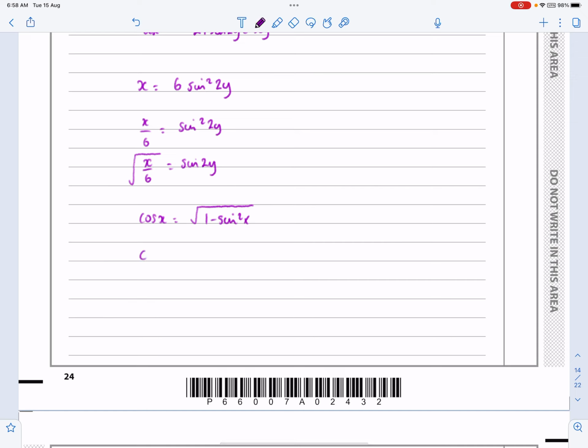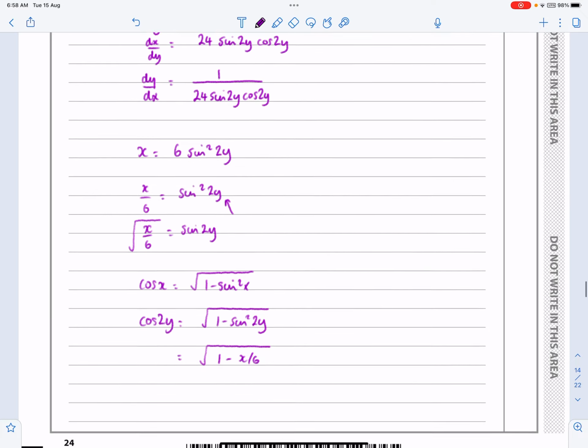Cos 2y then is the square root of 1 minus sine squared 2y. So that's the square root of 1 minus sine squared 2y up there, isn't it? 1 minus x over 6.